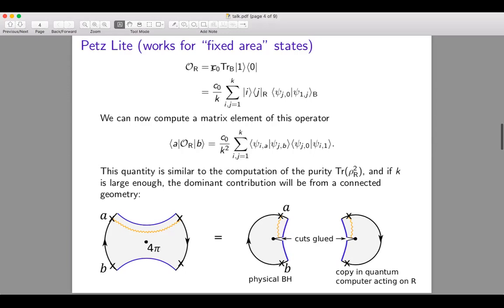Well, an example of an operator that would do that would be the expression that I wrote here, but without this trace over B and without the constant C0. So if you ignore the factors that I highlighted in blue, then this is clearly an operator that turns state 0 into state 1.